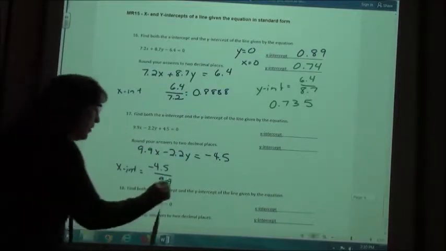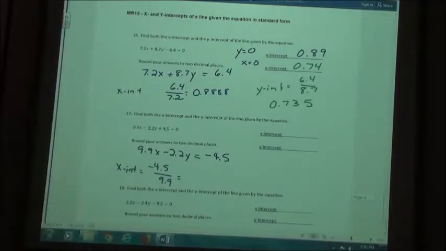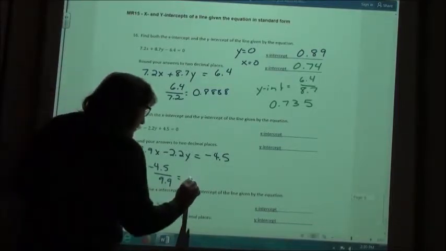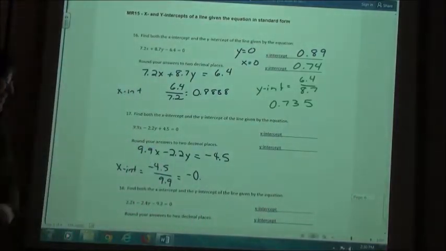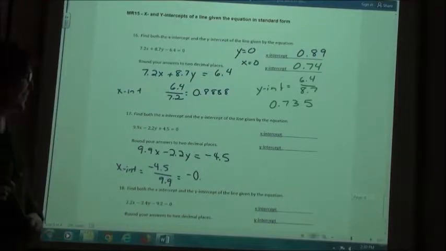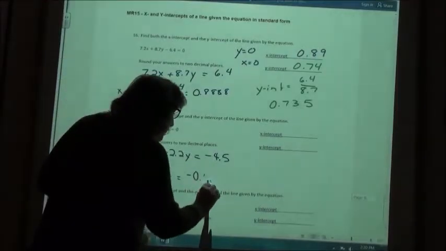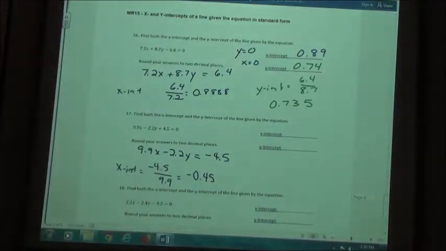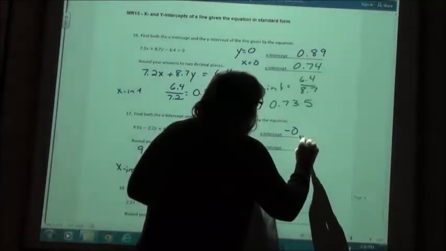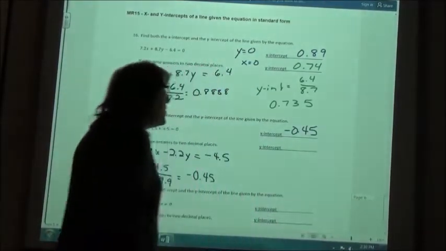And if I divide that on my calculator, I get negative 0.45. Everybody getting that? I'm assuming you rounded it off already. Negative 0.45.